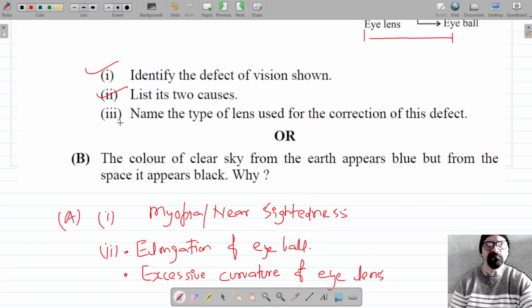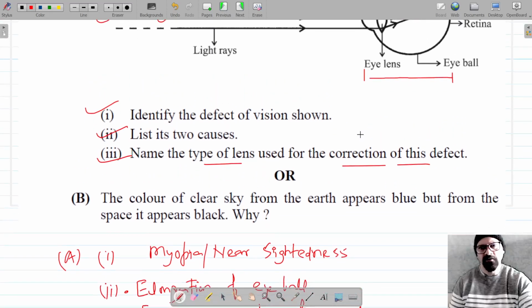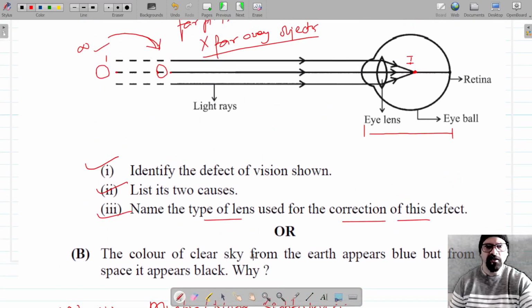Now, name the type of lens used for the correction of this defect. This defect can be corrected by using a concave lens, which is also called a diverging lens.